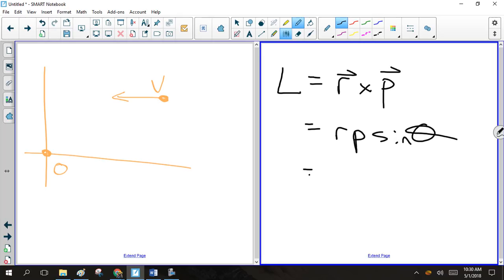So this is R, P is MV times the sine of theta, right?